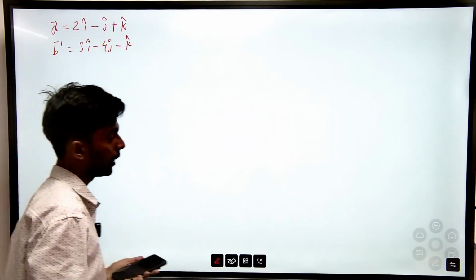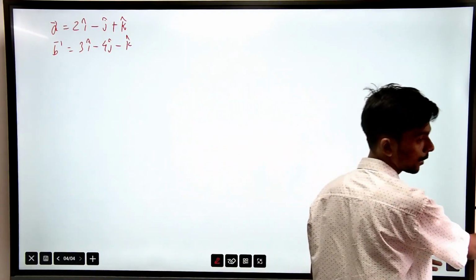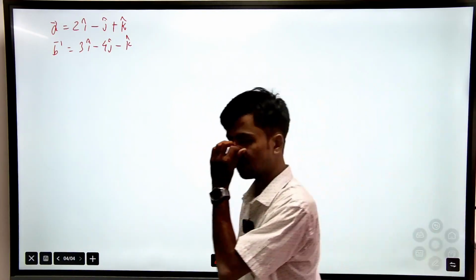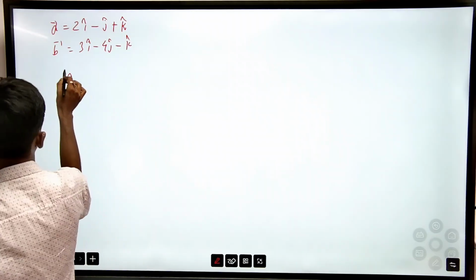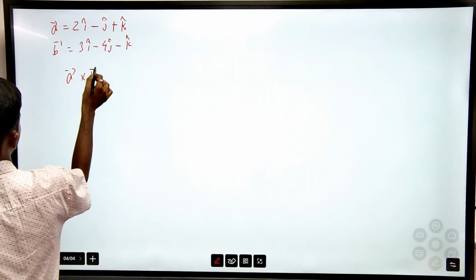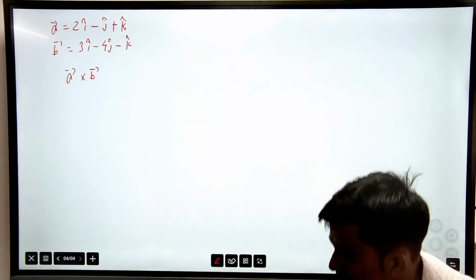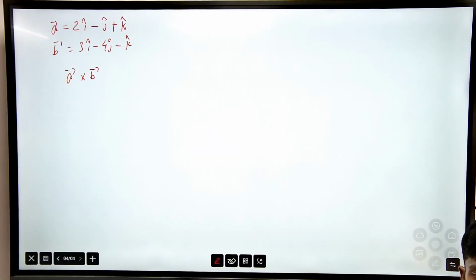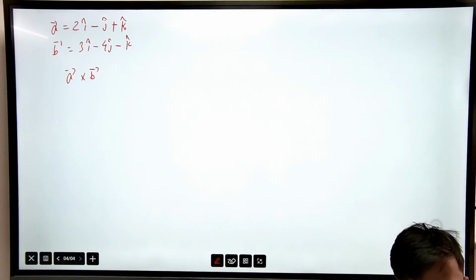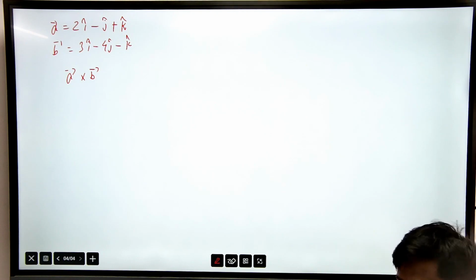So as I am telling you, find the cross product first. So you have to find the cross product of A and B. Find A cross B. So if you have to find the unit vector that is perpendicular, you have to find the cross product. If you have to find the unit vector that is parallel, you have to find the dot product. Right? So now just find the cross product and tell me the vector.